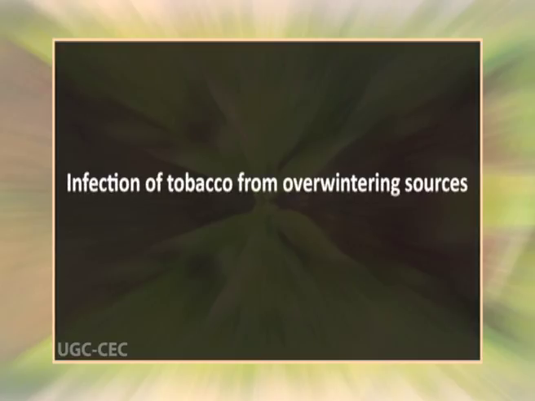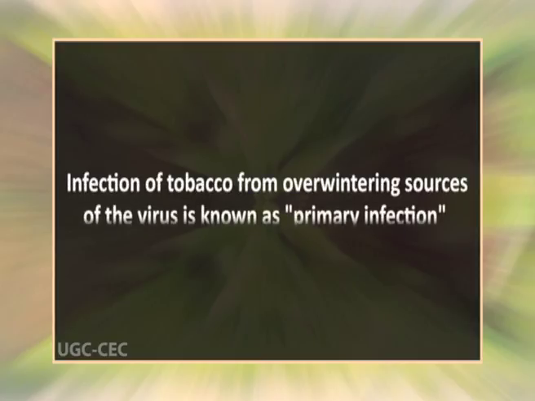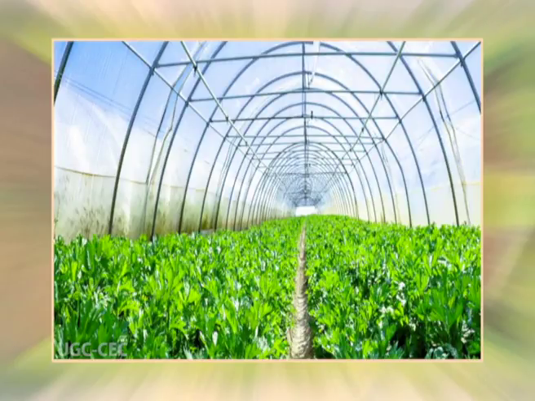Infection of tobacco from overwintering sources of the virus is known as primary infection, and it includes number 1, tobacco products. All forms of tobacco may carry tobacco mosaic virus, so it is advisable that these products should not be used by workers, especially around greenhouses and during transplanting.